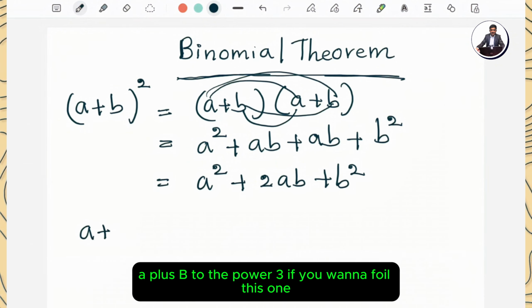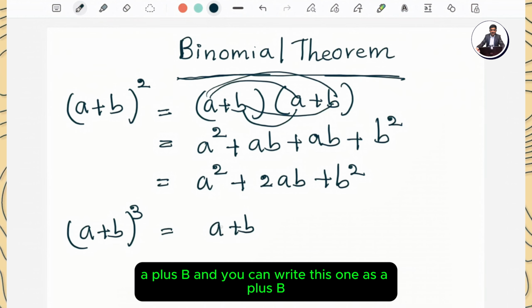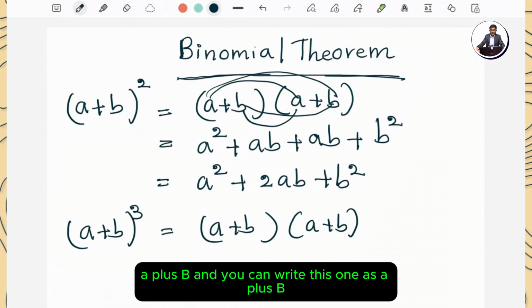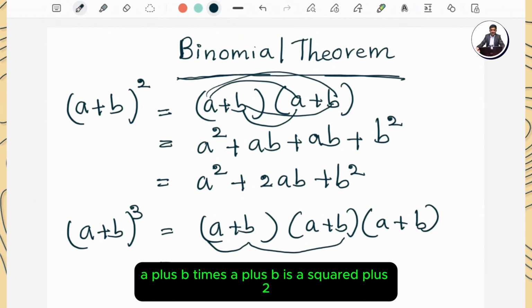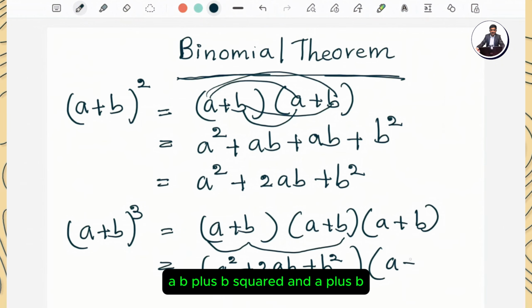And (a + b) to the power 3. If you want to foil this one, you can write it as (a + b) times (a + b) times (a + b). (a + b) times (a + b) is a squared plus 2ab plus b squared, and then times (a + b).